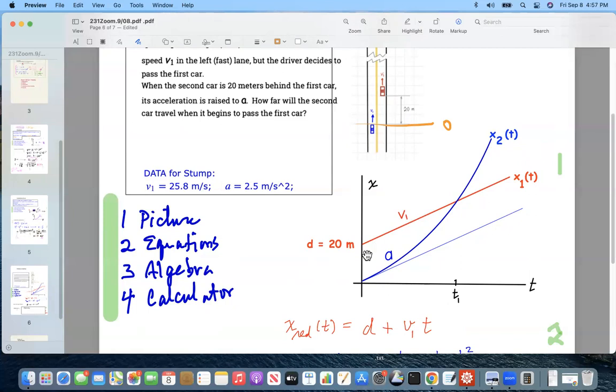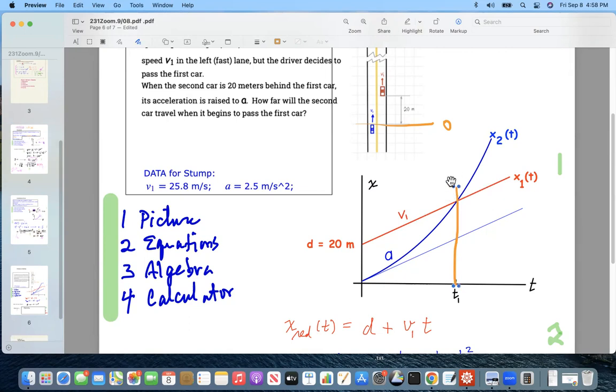But he wants to pass the red car, so he applies the accelerator. So initially, his velocity is the same, v1, but then it speeds up. And at some point, namely the point I'm looking for, he'll pass the red car.